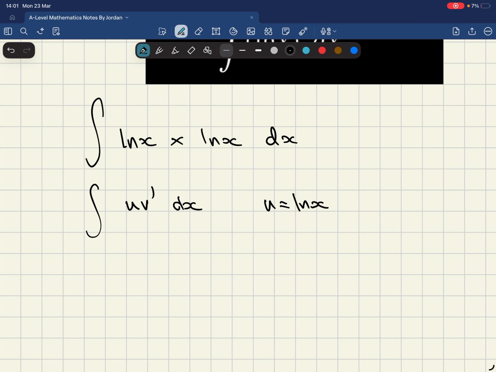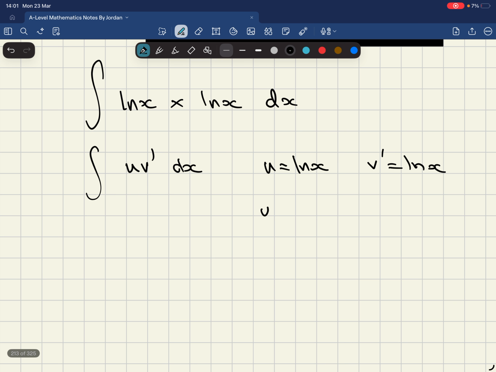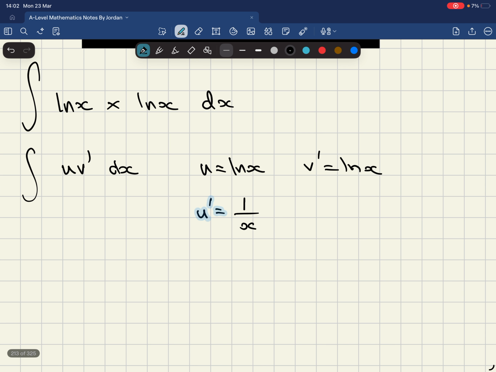So they're both ln x anyway, so we have to just write it like this. U dash, remember we know the differentiation of ln x is 1 over x, and from earlier you can get the integration of ln x with respect to x, which was x ln x minus x.